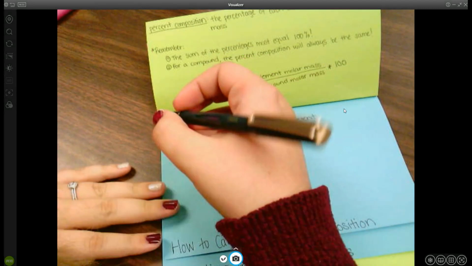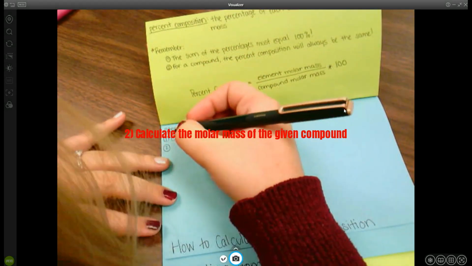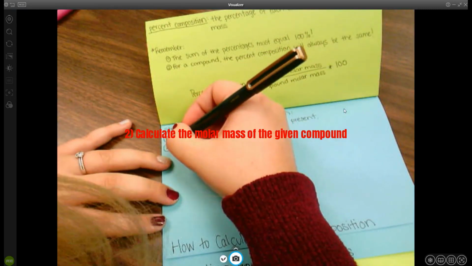I'm going to go through the steps first, and then I'll walk us through our example. The second step is to calculate the molar mass of the given compound.